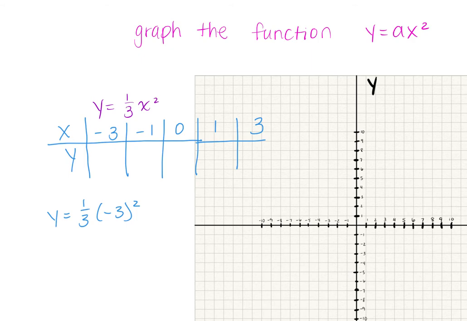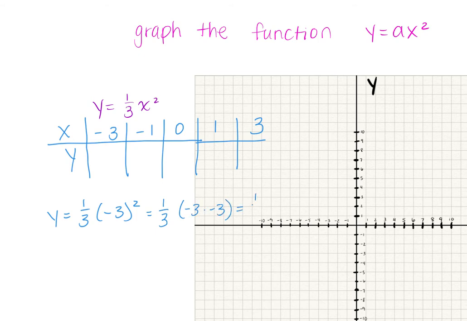Okay, so if we have 1/3 times -3 squared, what is that going to become? Tessa? Is it going to be 3? Ah, very good. So this is -3 times -3, which is 9, right?